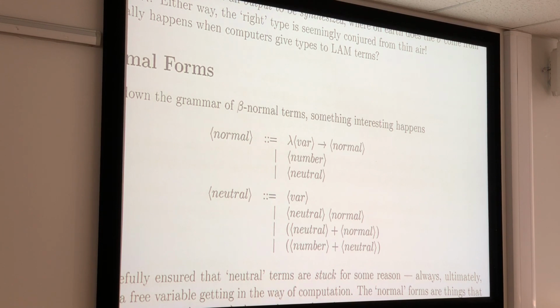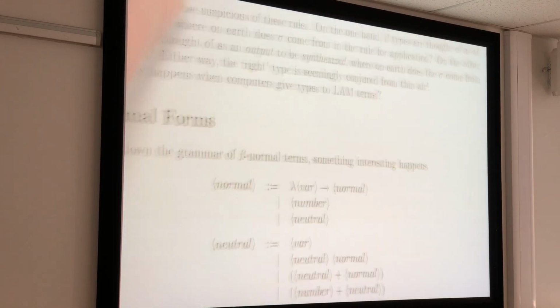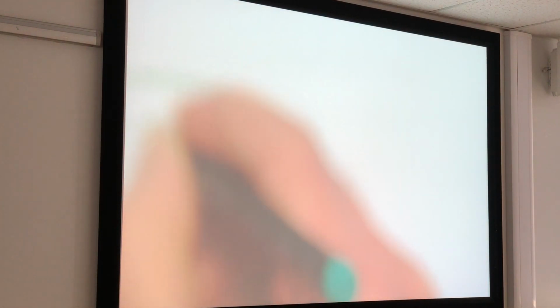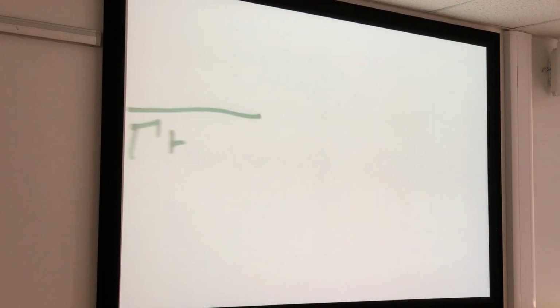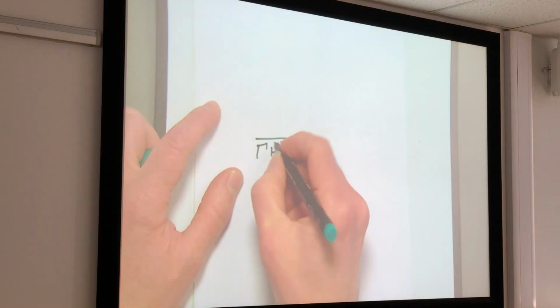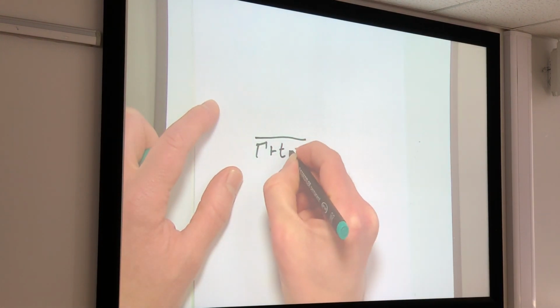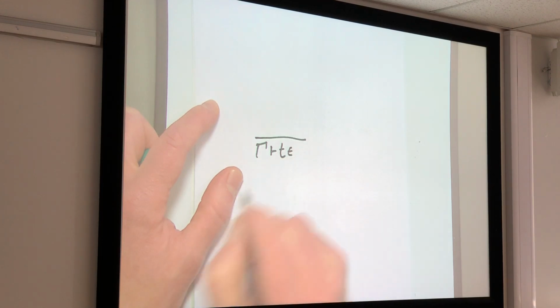So think about what that would do for us. If we were trying to do it the other way around, then we would have to say, I've got this normal term, and I want to figure out a type for it.